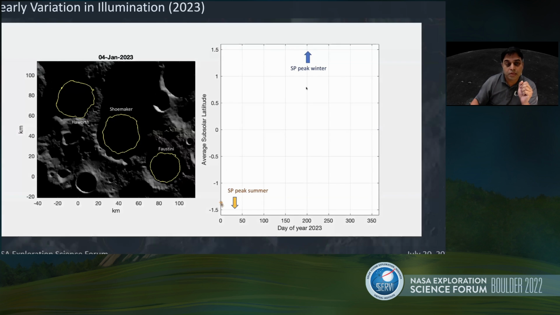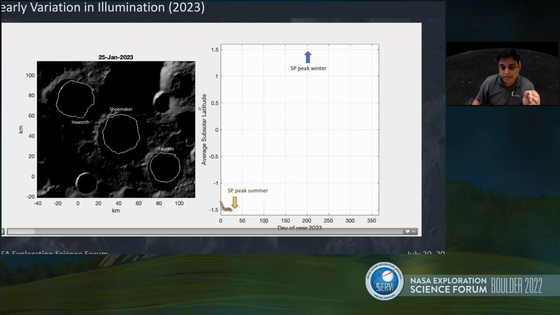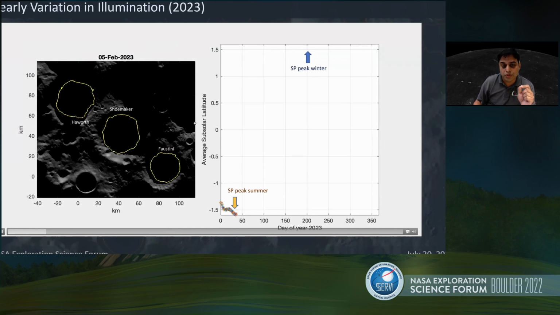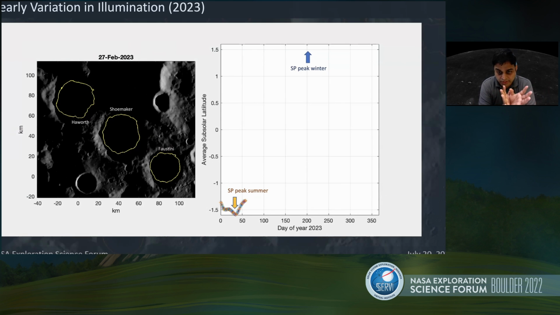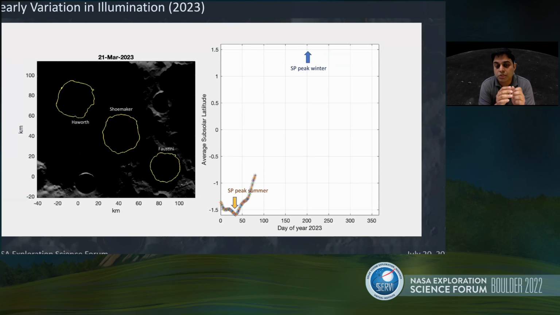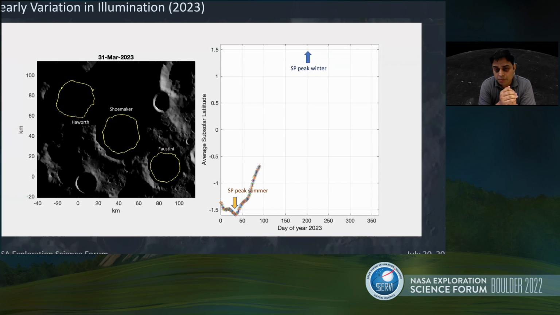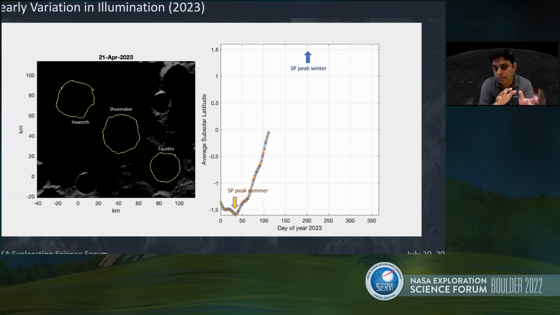And here is another example from a slightly different point of view. It's kind of more current. What this is showing is the periods of shadow around these three craters. On the right-hand side, you have a plot which shows the subsolar latitude. Up to this equinox position is where you can analyze summer conditions.